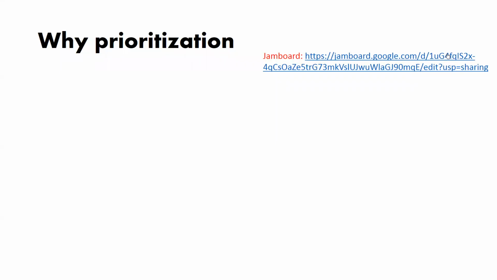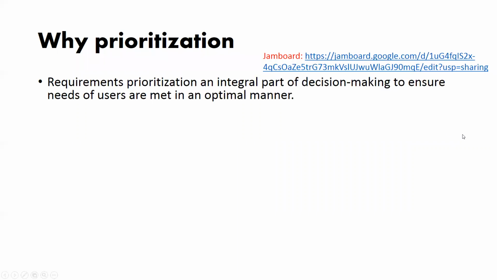When we speak about prioritization, it is an integral part of decision making to ensure the needs of the users are met in an optimal manner. Yes, everyone was putting that exactly the same.